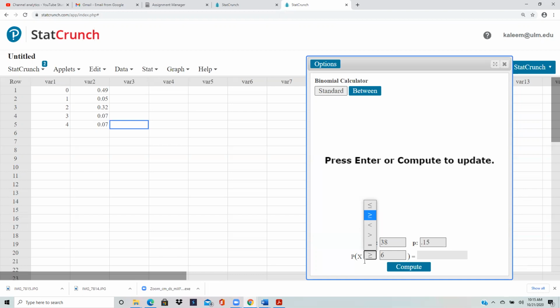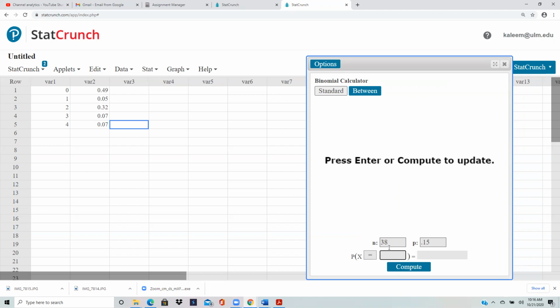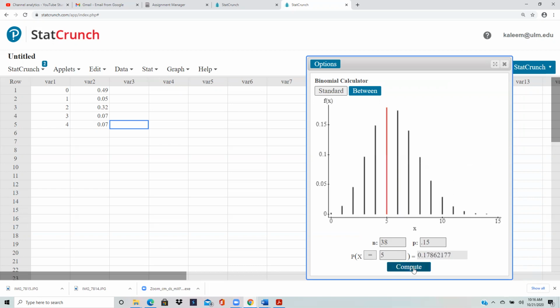If I ask the shopkeeper, I want 5 eggs, how many eggs will I get? 5. So what should I pick? Equal to. Yeah. Okay, so that is 0.1786.